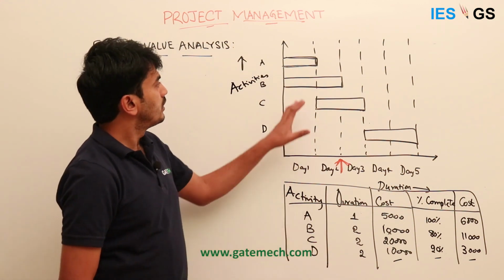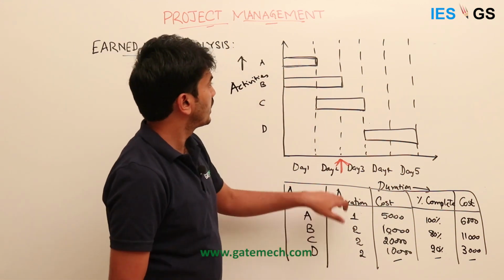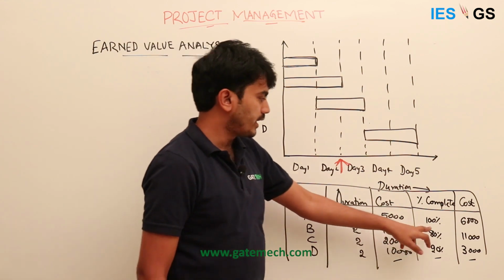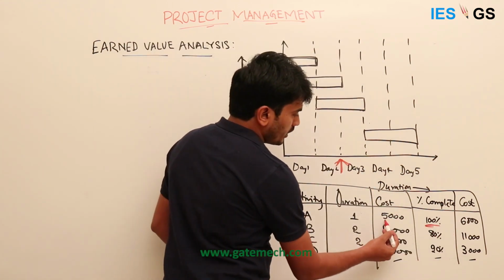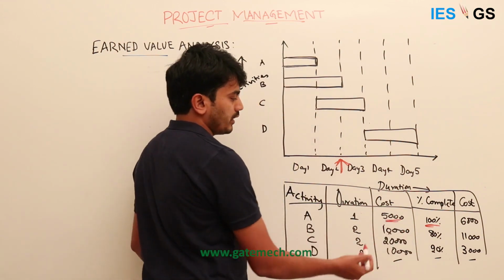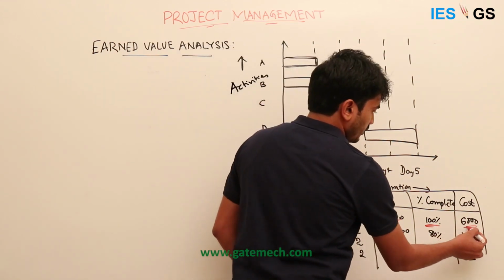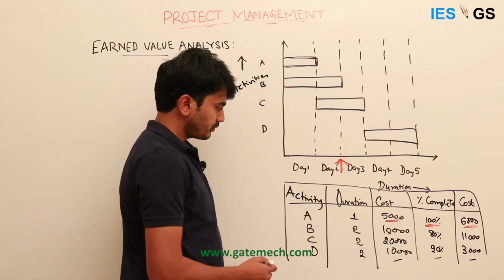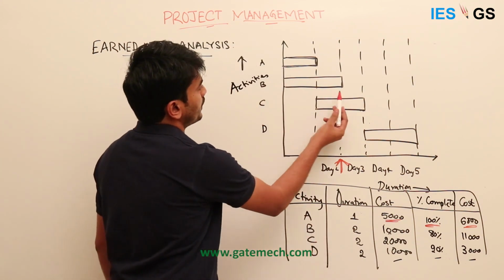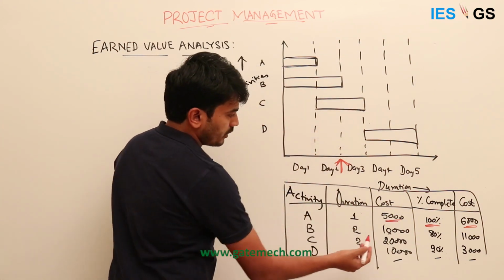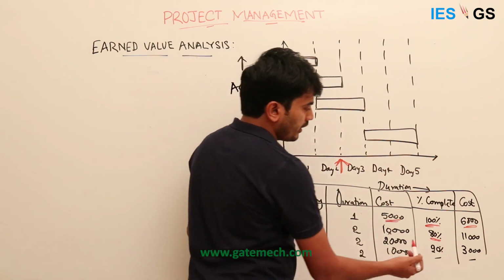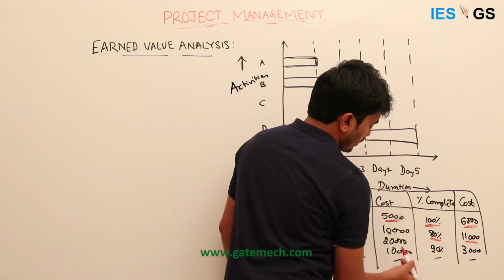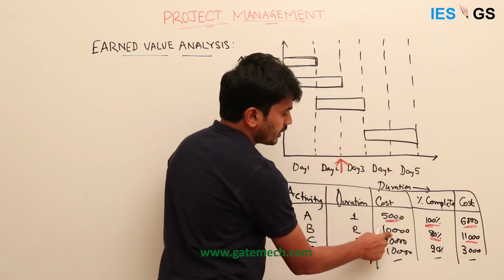If you observe, activity A should get completed by day 1 and it's saying it's 100% completed, but it incurred more cost than planned. We planned for 5,000, it incurred 6,000. Activity B should be finished by the end of day 2, but it got only 80% finished, and it cost more than what we budgeted for the 100%.